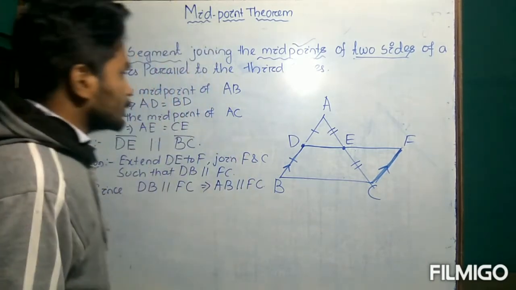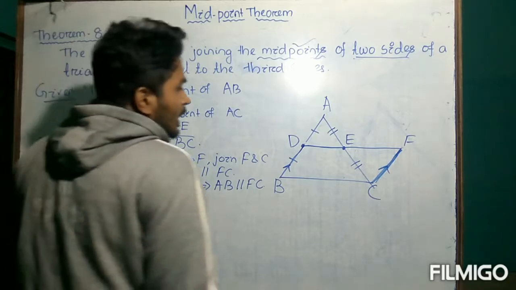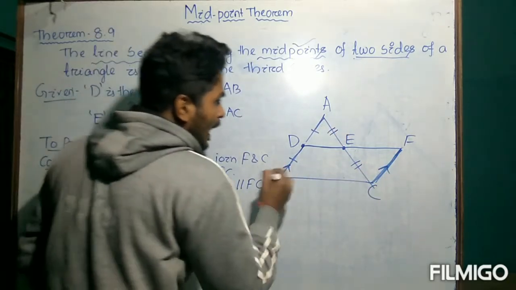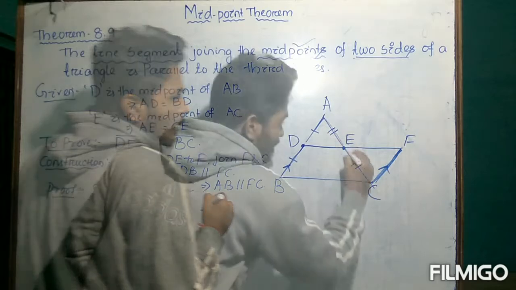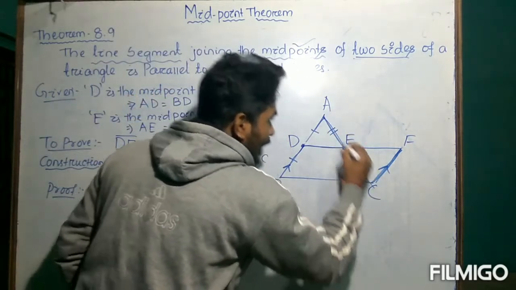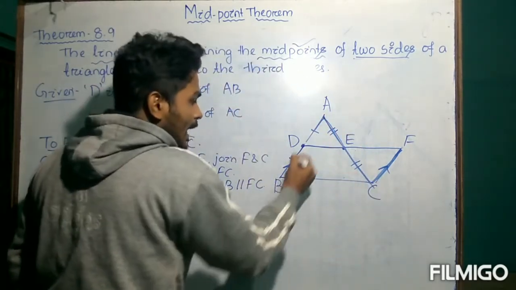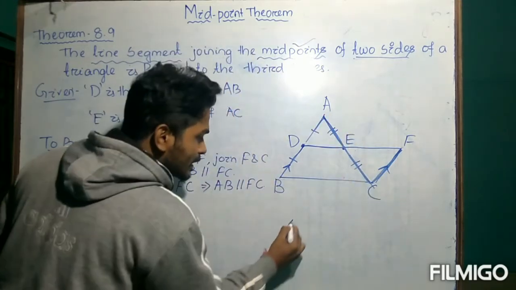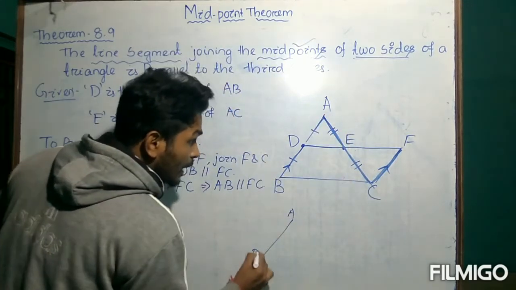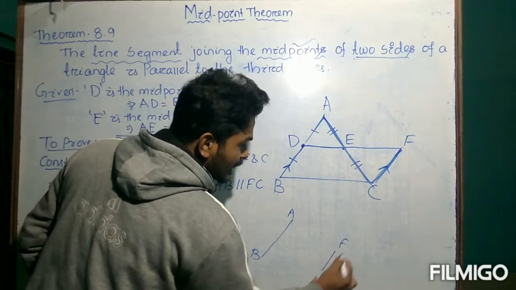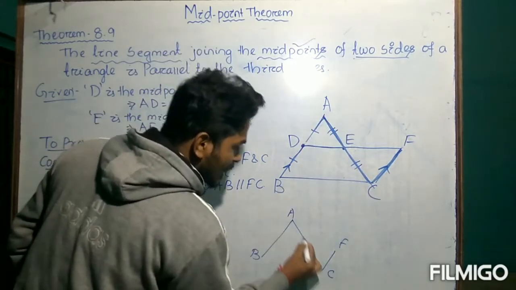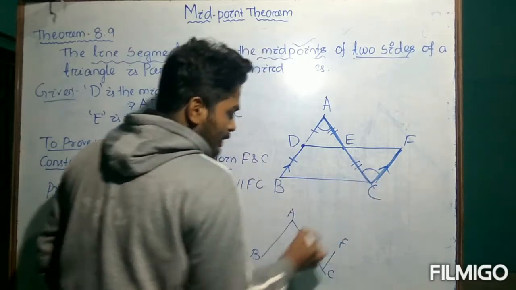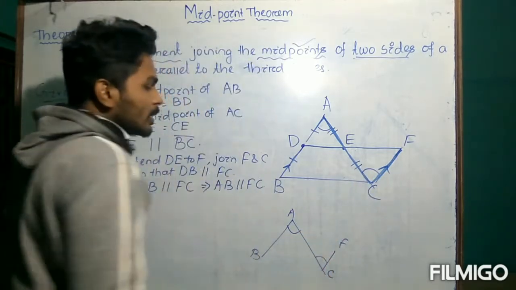Now if AB is parallel to FC, and AC is the transversal line, then this angle and this angle are known as which type of angles?